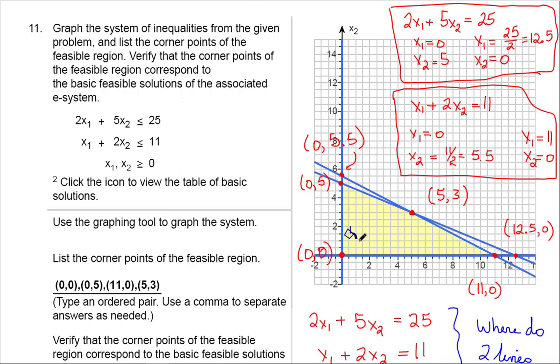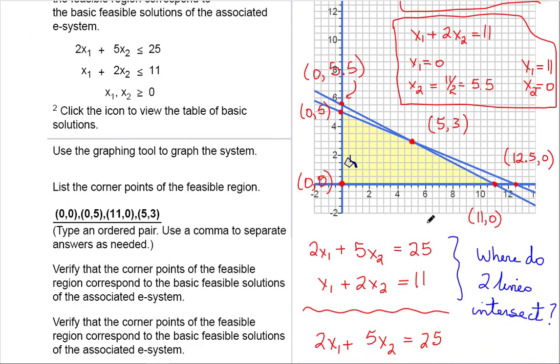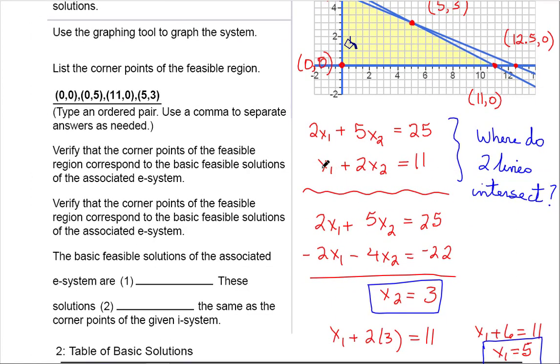So what I can see from this graph so far is 0, 5.5 is not feasible, 12.5, 0 not feasible. These three are feasible along with the point of intersection. So where do they intersect? So again, I have to solve this system of equations.